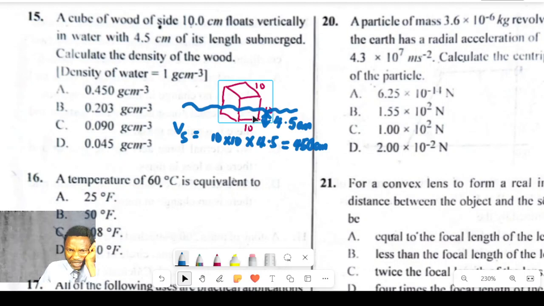Now, what is the mass of the wood that is submerged?